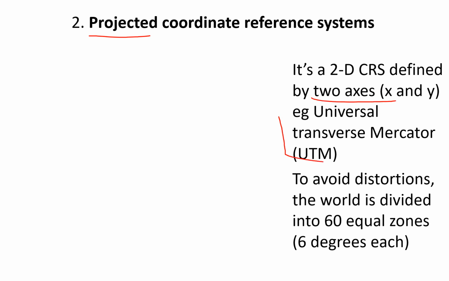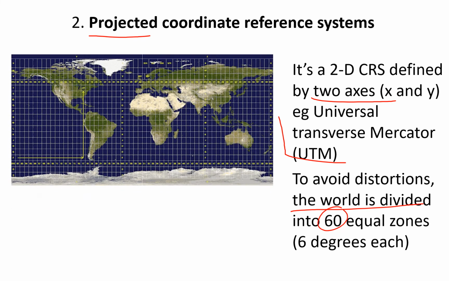Now, to avoid distortions that are accompanied with flattening a spherical object, the world is divided into 60 equal zones, and each zone has 3 degrees each.